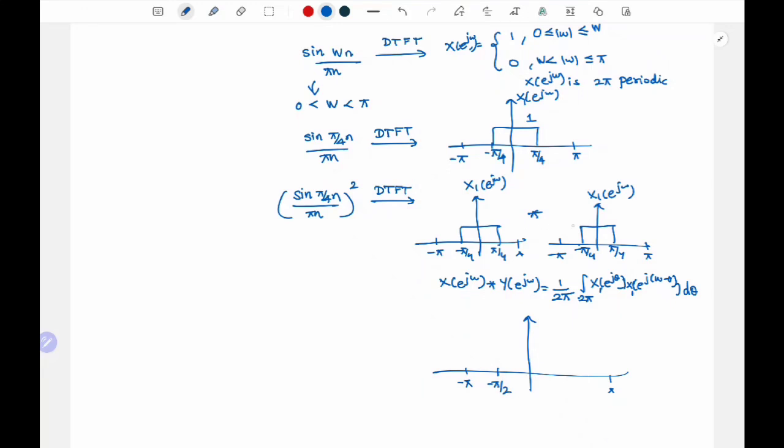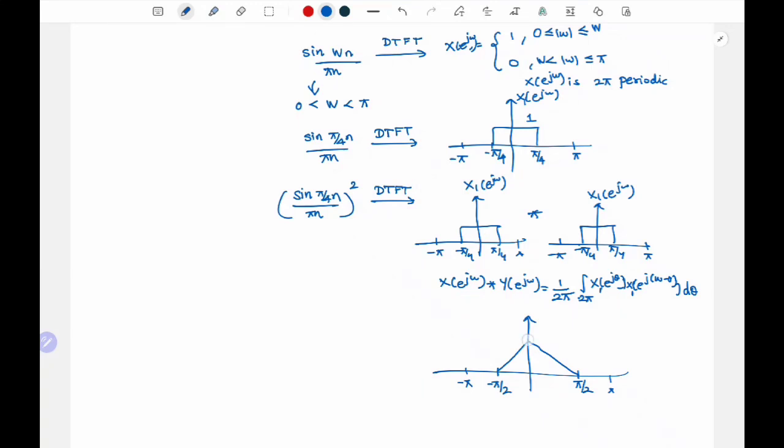And then they will linearly increase as one goes over the other, right? They'll linearly increase and they'll reach the maximum when they both overlap perfectly. That will happen at omega equal to 0. So it will become like that. And again, once they start to recede from each other, the integral will start to decrease. And you will reach pi by 2, where they finally will not overlap each other.